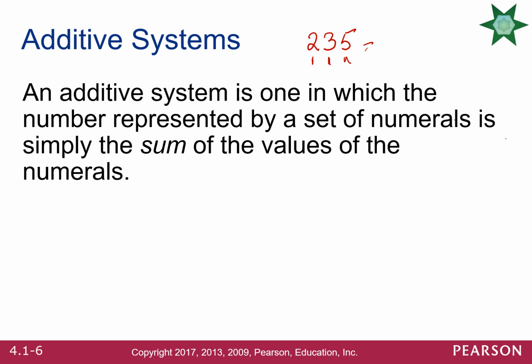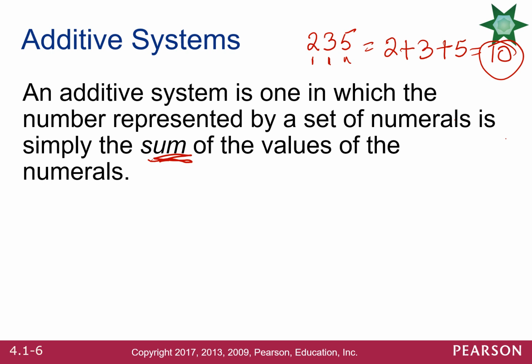So in the additive system, this 2, 3, 5 arranged this way would mean 2 plus 3, all right, additive, so we have to add the numbers. It says sum of the values, so 2 plus 3 plus 5, which is equal to 10. So 2, 3, 5 in the additive system would represent the number 10. It wouldn't represent the 235 as we know it.